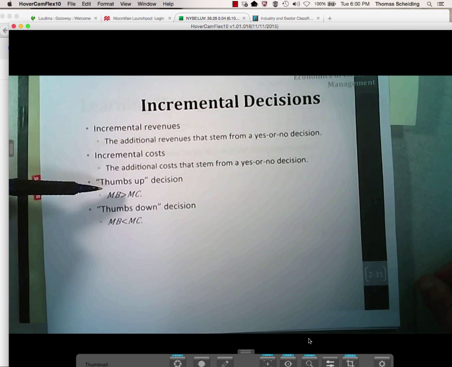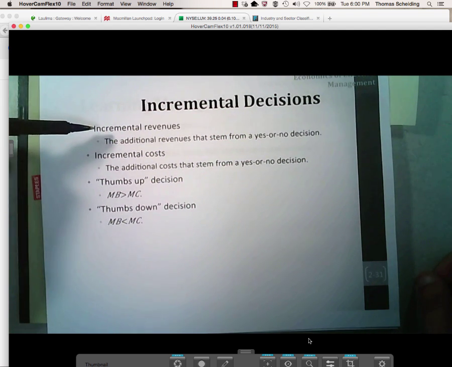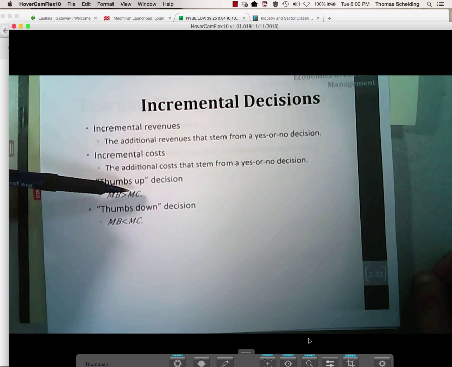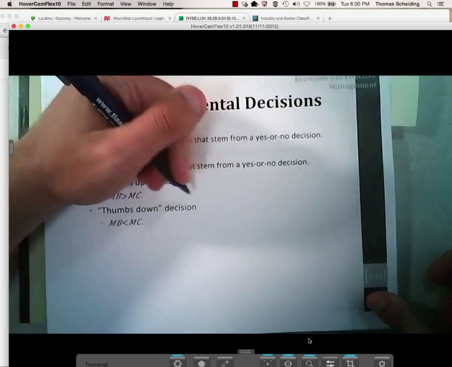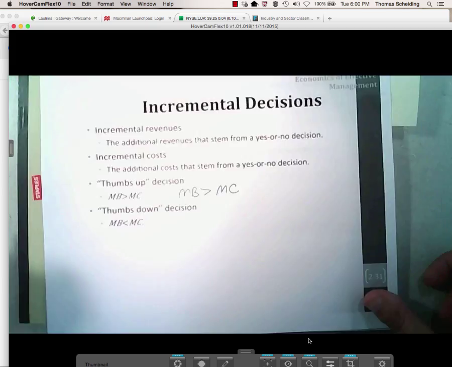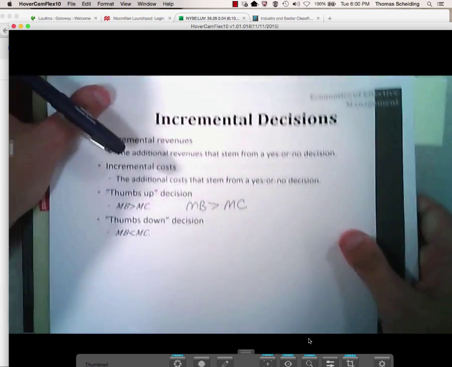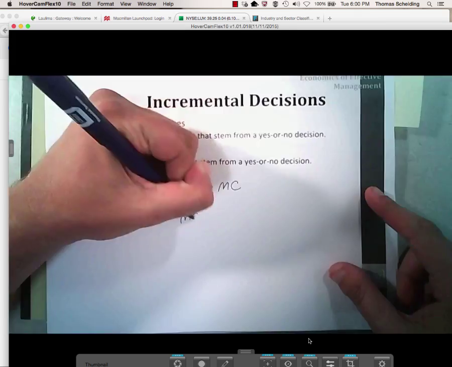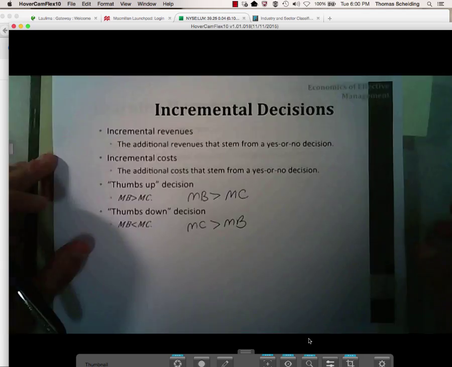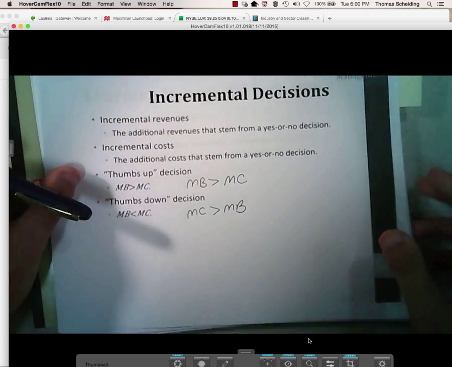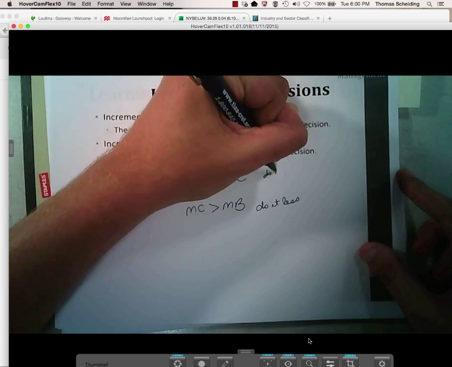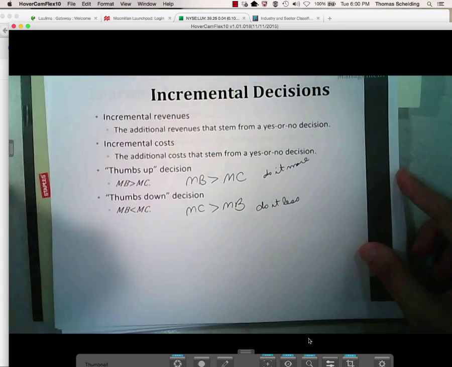That's why these marginals are so important, because they tell me the additional revenue to doing something one more time, and the additional cost. When should you do it? Whenever the marginal benefits are greater than the marginal costs, then yes, you should do it more. However, when the marginal costs are greater than the marginal benefits, then I should do it less.